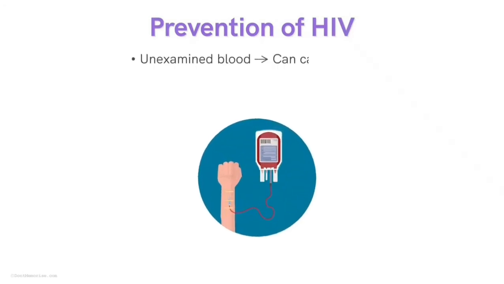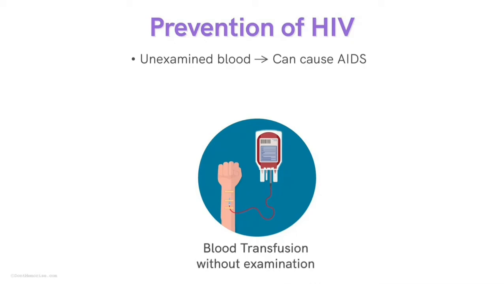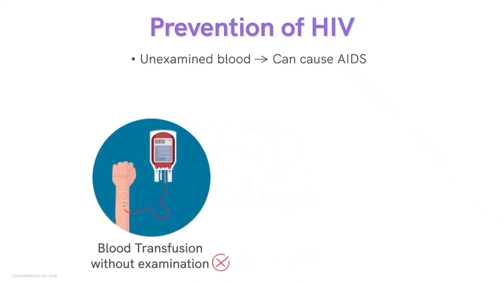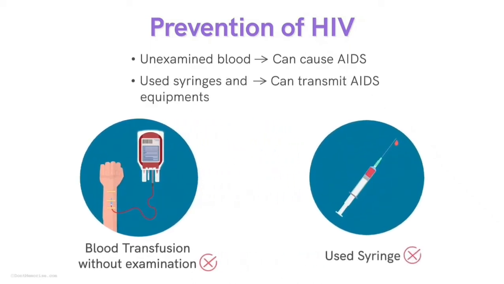The other frequent method of transmission includes blood transfusion. So getting blood transfused without prior examination should strictly be avoided. Also, the spread of HIV through blood becomes possible with the use of syringes or equipment which are already used. Thus, reusing syringes for medications or even sharp instruments like razors for personal use should be avoided.